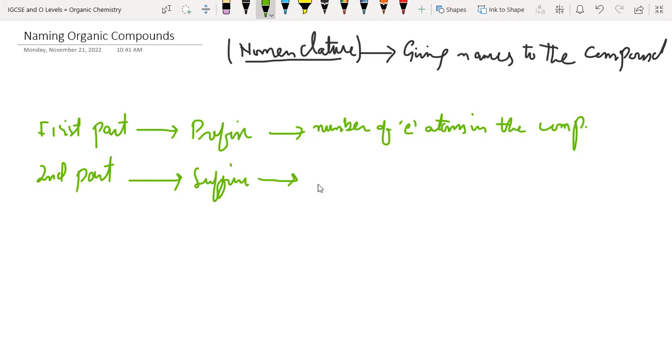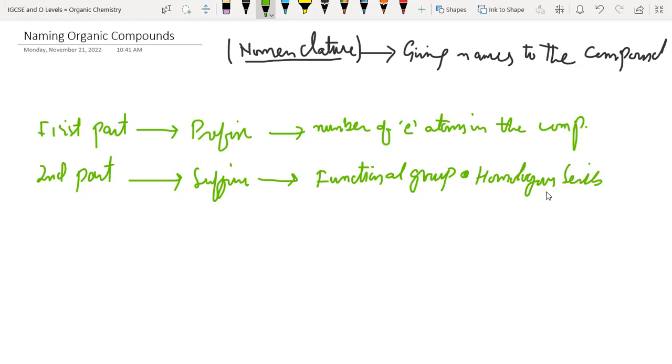It gives the functional group, or we can say the homologous series.